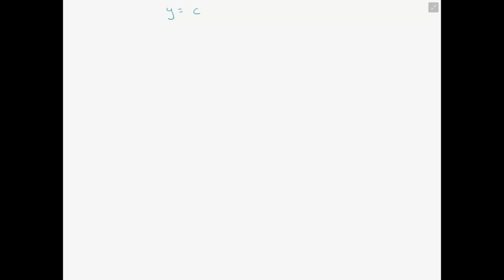And so now we're on our last inverse trigonometric function, and that's the cosecant.